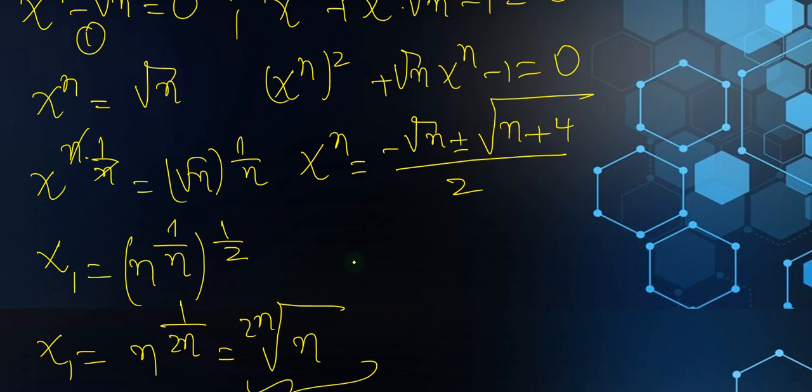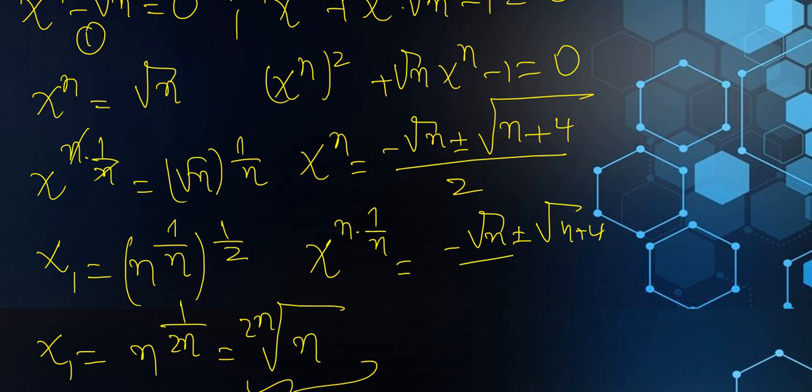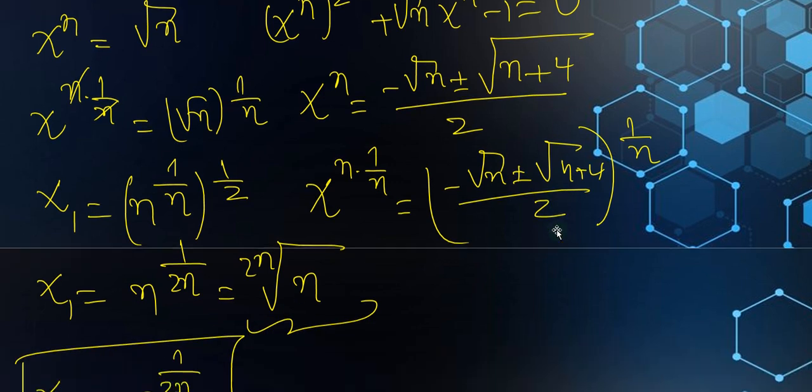And now here, what I'm gonna have is I'm gonna take everything to the power of n, right? So I'm gonna have that this is x to the n times 1 over n equals minus square root of n plus or minus square root of n plus 4 over 2, and all to the power of 1 over n, right?